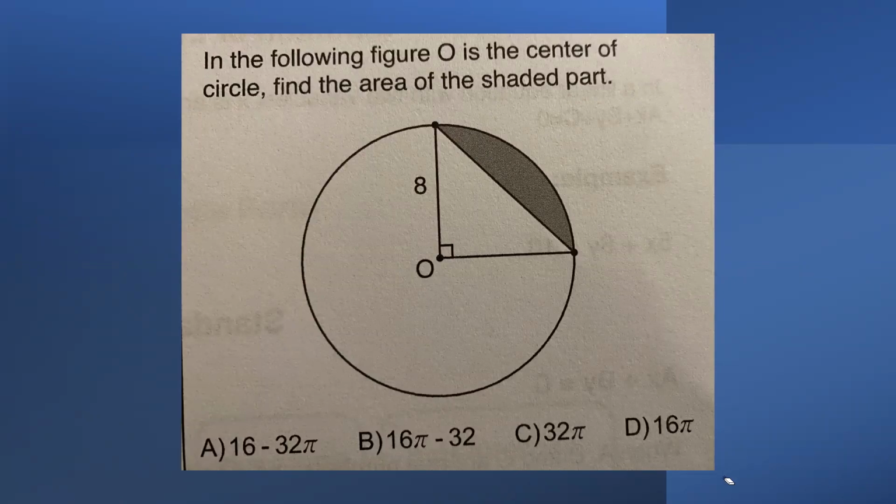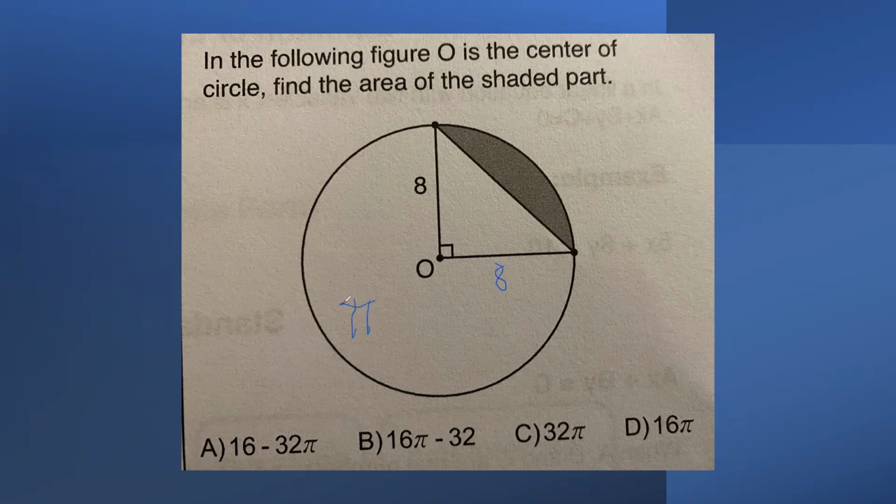We can see that we have a right triangle, and the 2 legs are the radius, so it's an 8 by 8, because it tells you that O is the center. And so this is another 8. Now what would be the area of the whole?